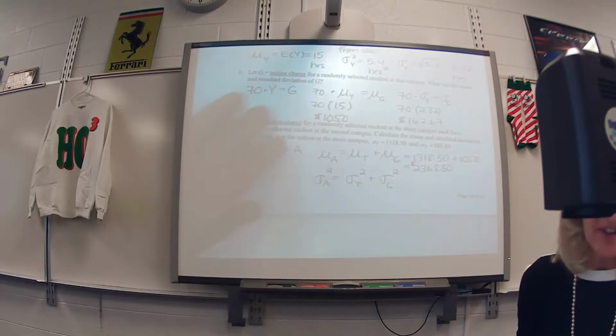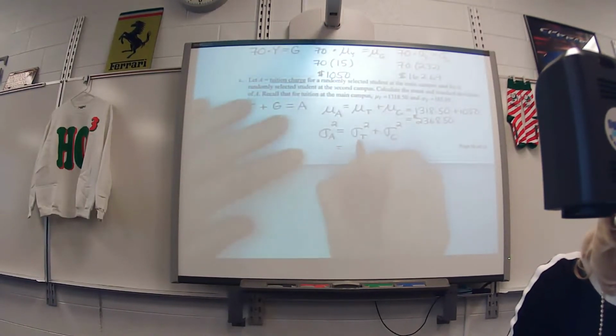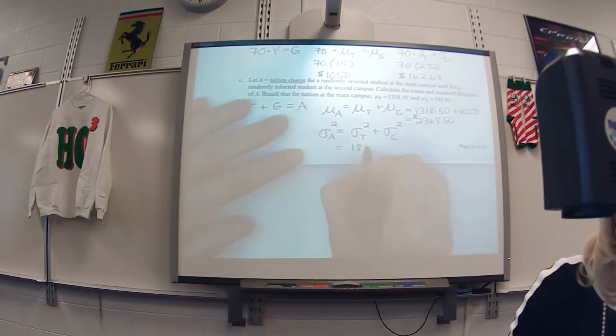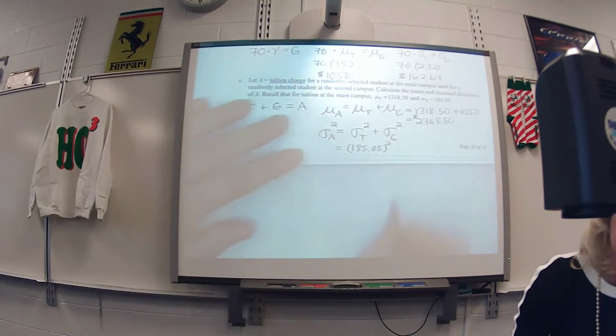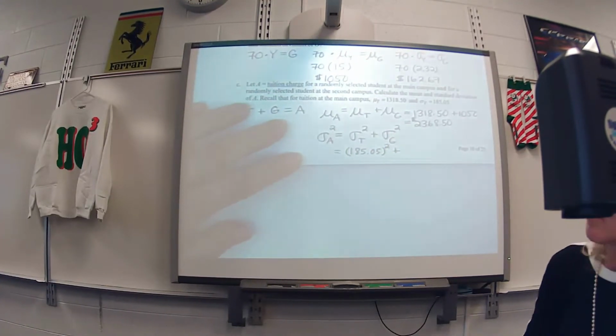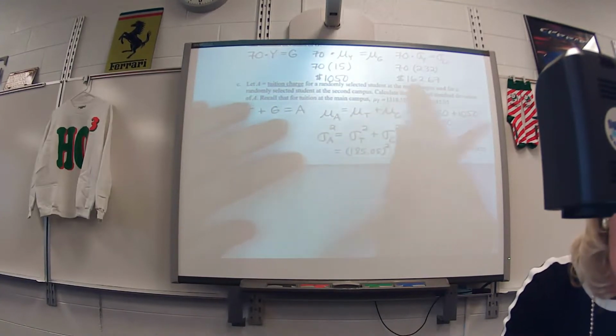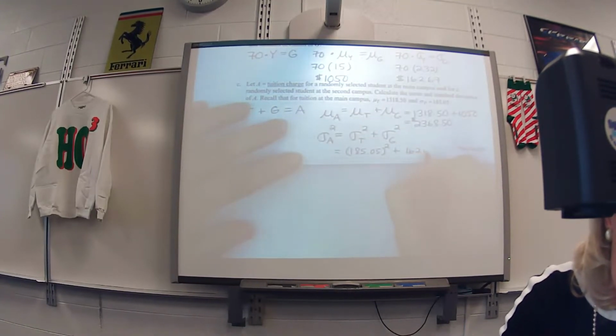So now I'm going to have to come back and say, okay, well, what was sigma for T? 185.05. But I need to square that. Plus, what was sigma for G? 162.67. But I need to square that.